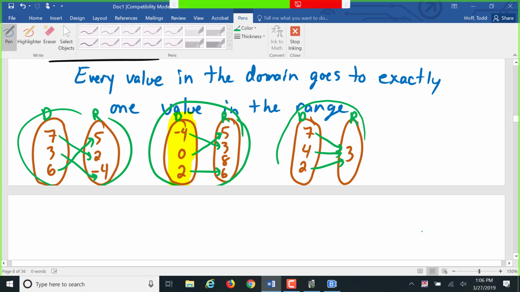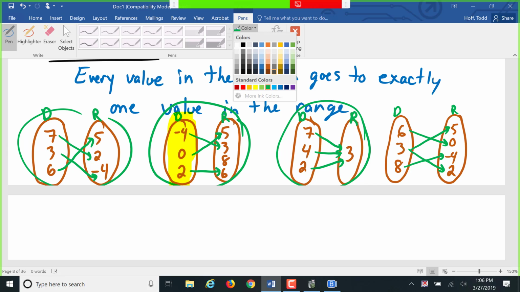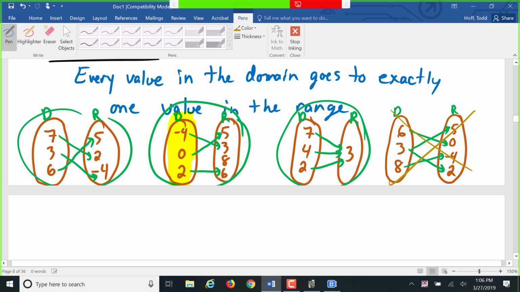Yes, it does. Is that a function? It is not, because the 3 in the domain goes to 2 different values in the range. So that's not a function.